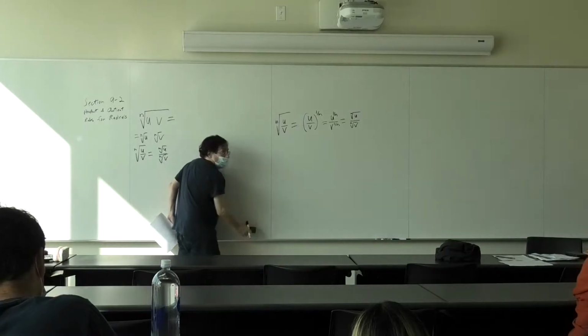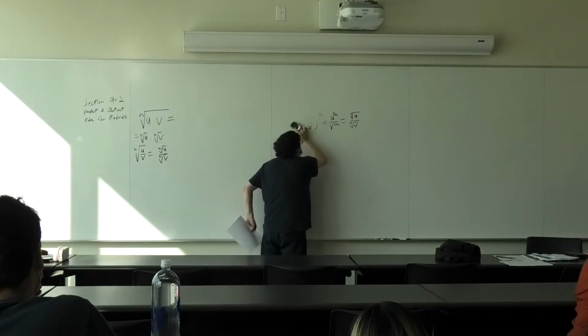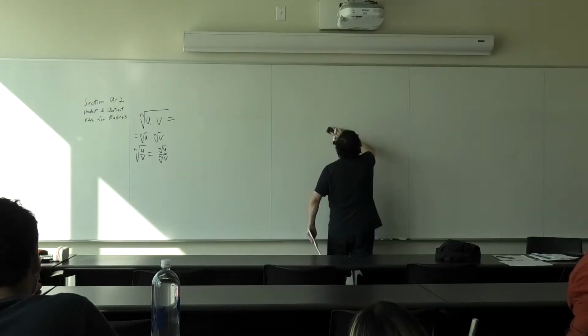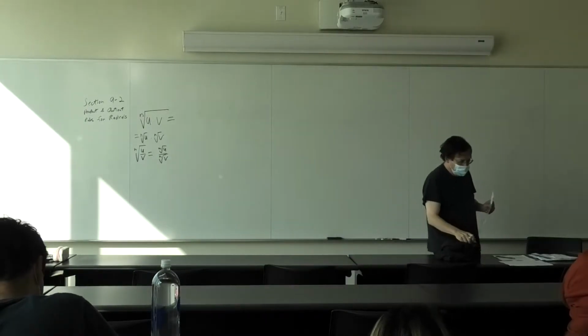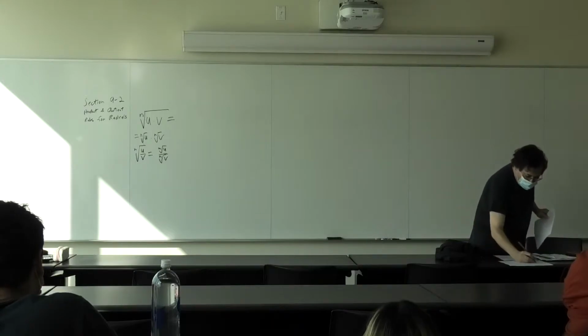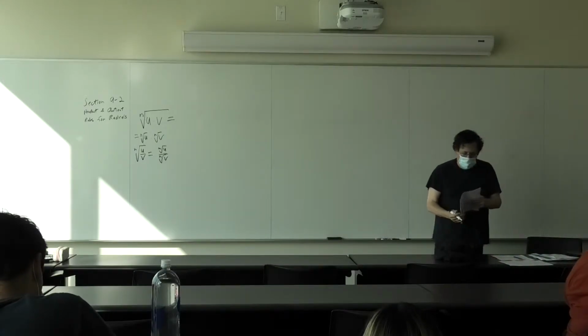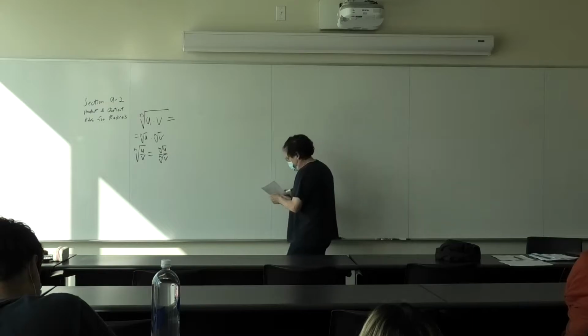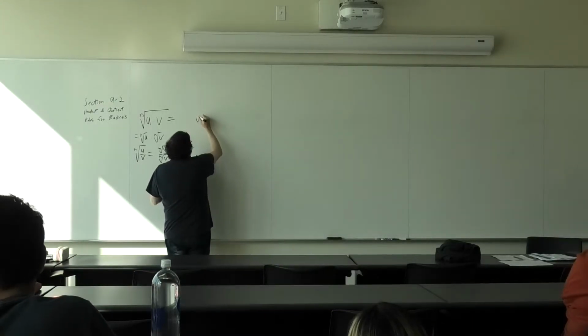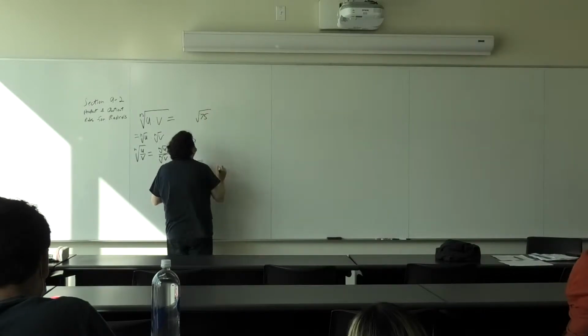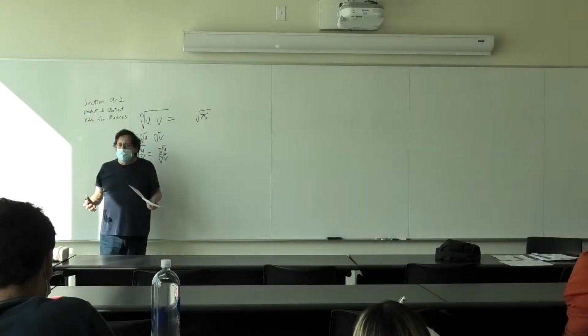All right, so we want to see how those two rules can help us in simplifying expressions. Here's a nice straightforward example. I have the square root of 75, and I want to simplify that.